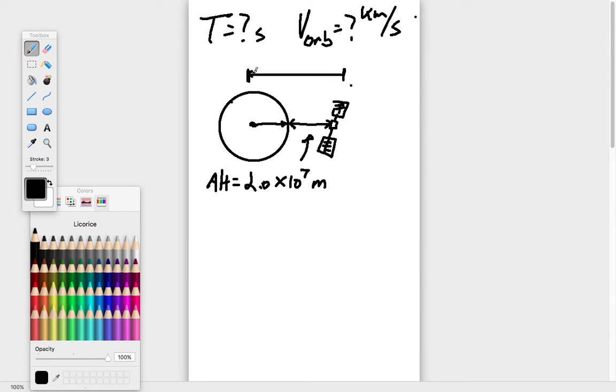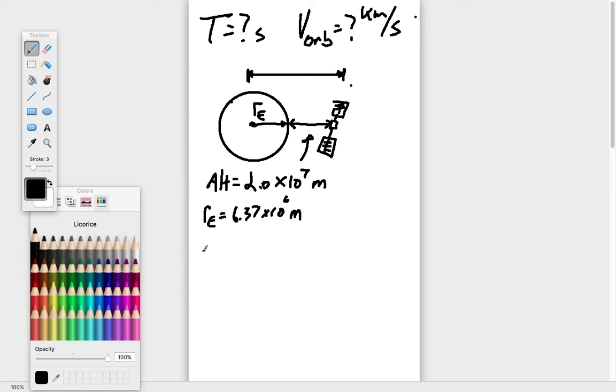So what I had to figure out first, in the back of the book, I looked up the radius of the Earth, and the radius of the Earth is 6.37 times 10 to the 6th meters. I'm going to do it in meters for now, even though I'm going to end up in kilometers per second for some of these numbers. I'm going to do it in meters, and you'll see why in a minute when it comes to making sure my units cancel out.